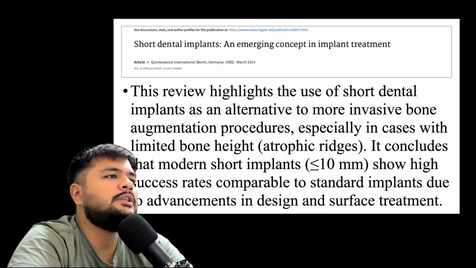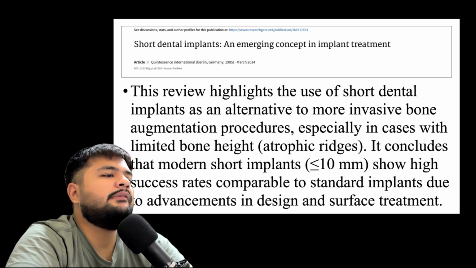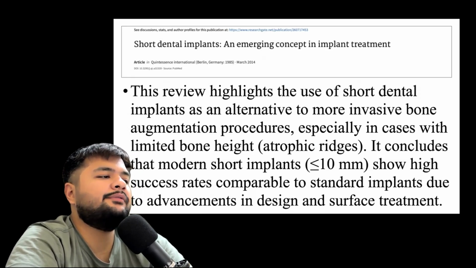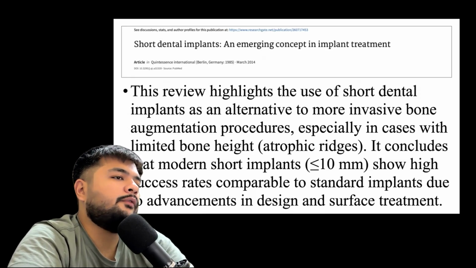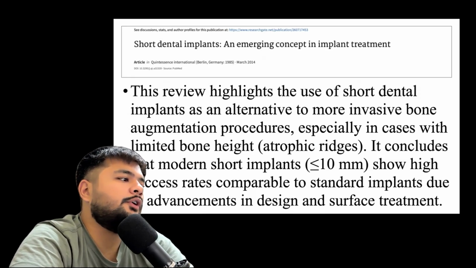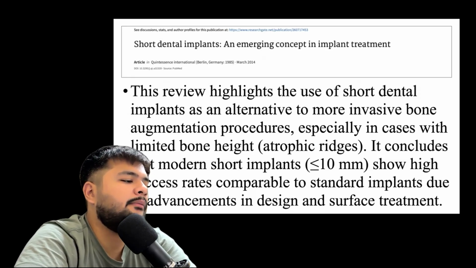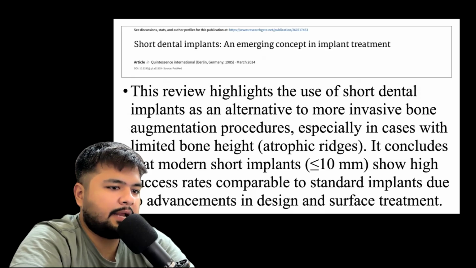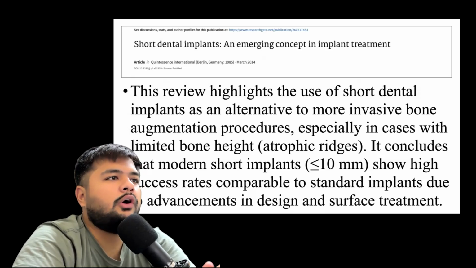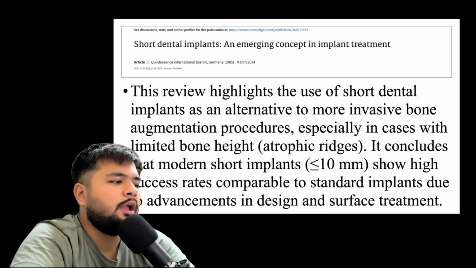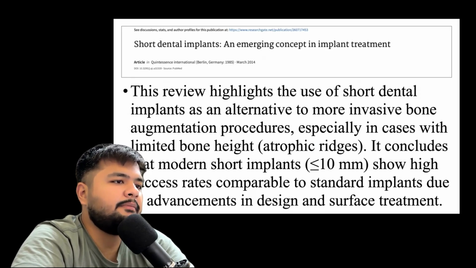So basically, all the studies I have seen have taken different definitions of short implants. So from a literature point of view, for your knowledge, I have written 7 to 8 mm as short implants, taking the mean of all the articles I have studied till now, and less than 6 mm as the ultra short implants.